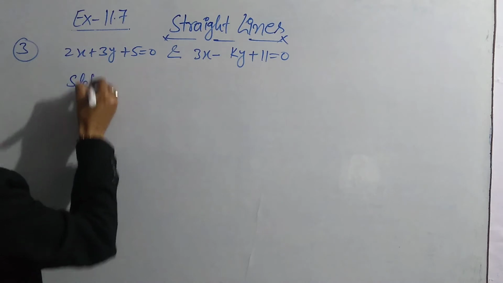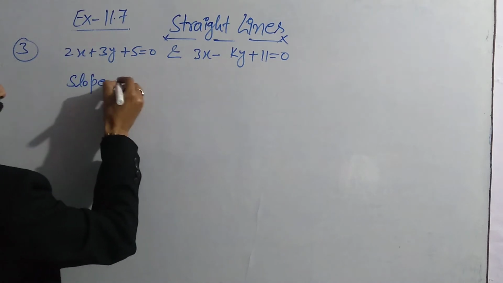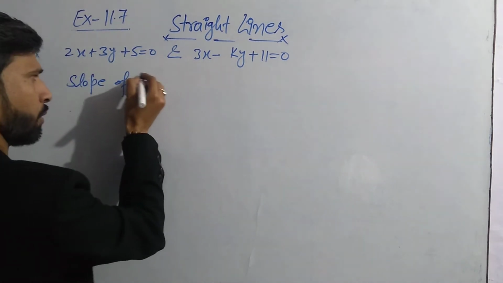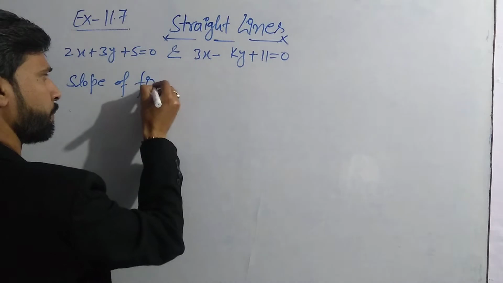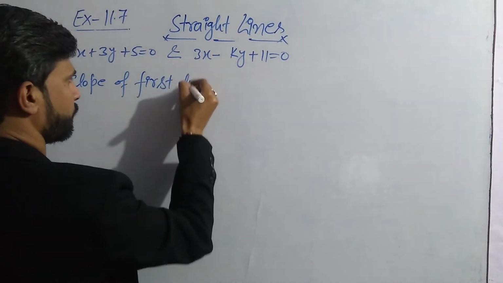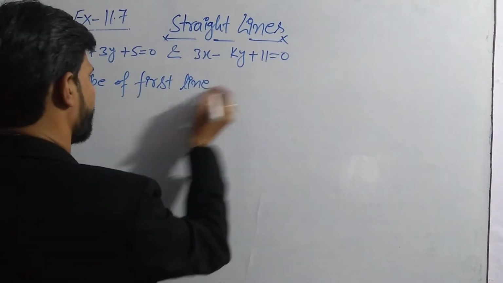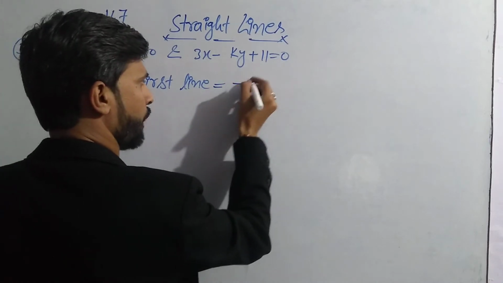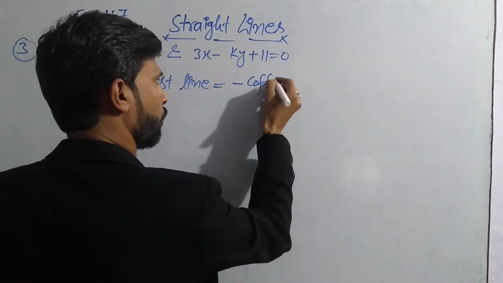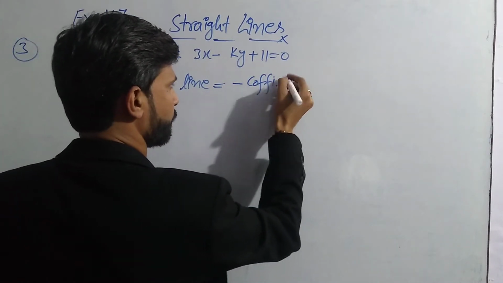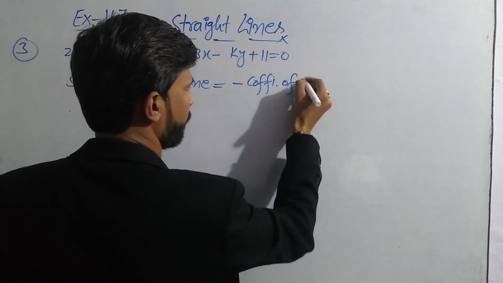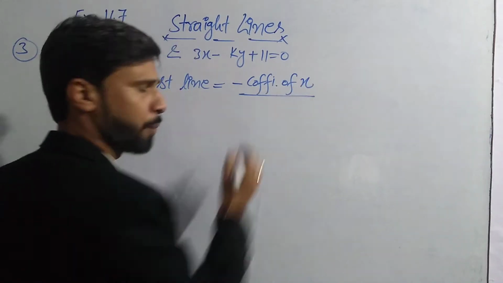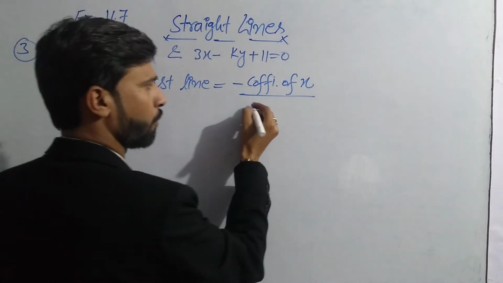Slope of first line is equals to minus coefficient of x upon coefficient of y.